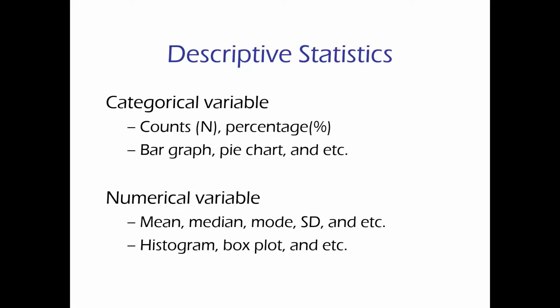We can also show this distribution using bar graphs, pie charts, and etc. For a numerical variable, we always use mean, median, and mode to describe the central tendency of the data, and we always use standard deviation or variance to measure the variation and dispersion of the data. To show the distribution in the graph, we can use histogram or the box plot.